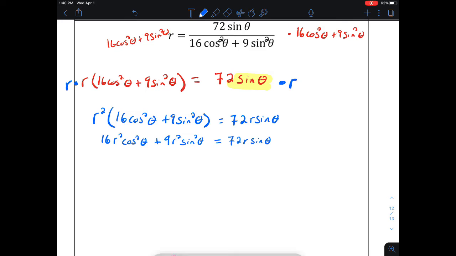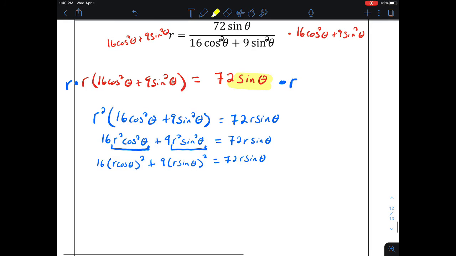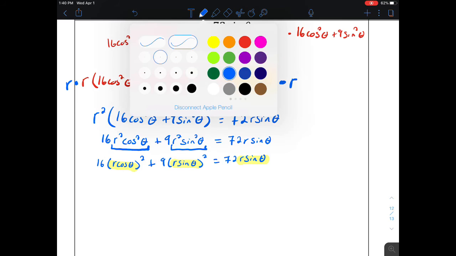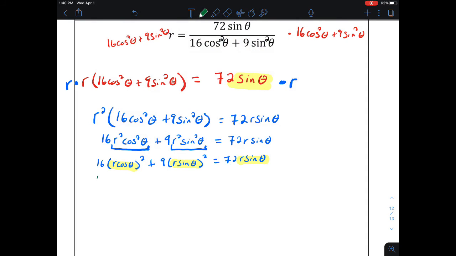Well, r squared cosine squared is the same thing as 16 times r cosine of theta quantity squared, plus, and r squared sine squared looks very similar, that's r times sine of theta quantity squared, equals 72 times r sine theta. Now we'll replace all of the r times sine of thetas and r times cosine of thetas with their rectangular forms.